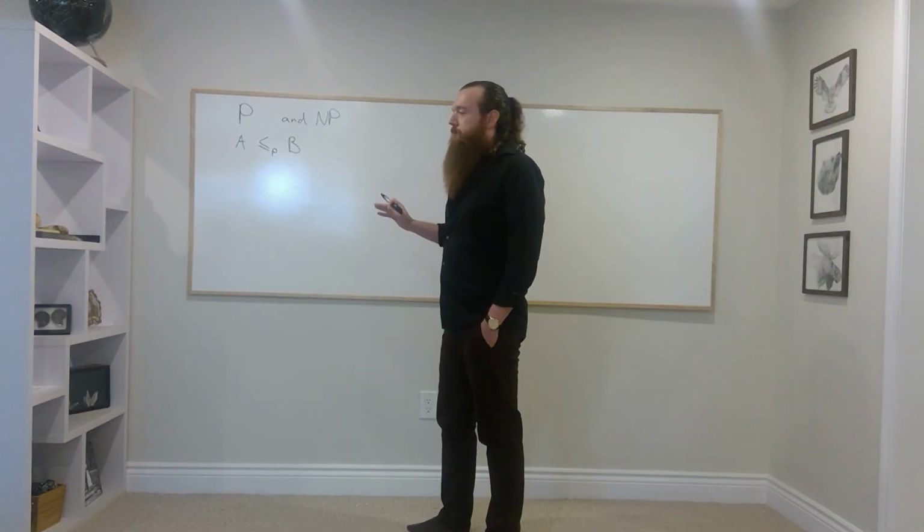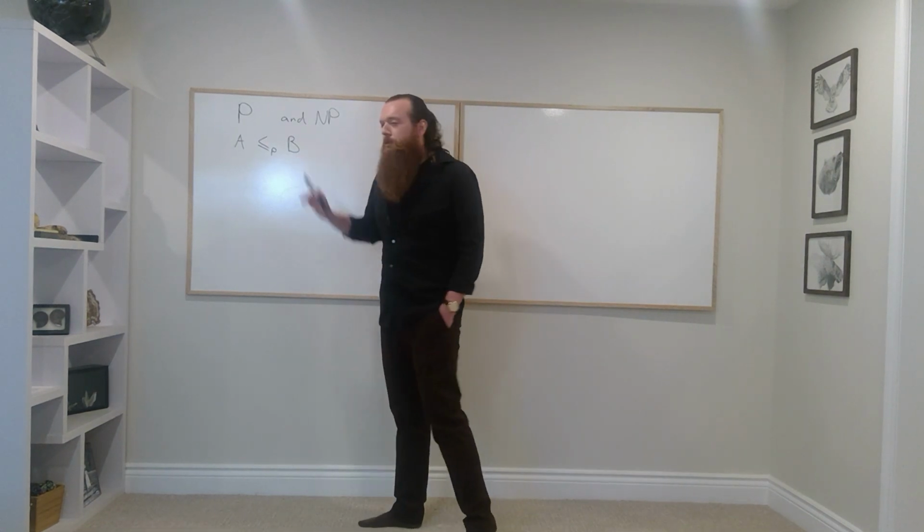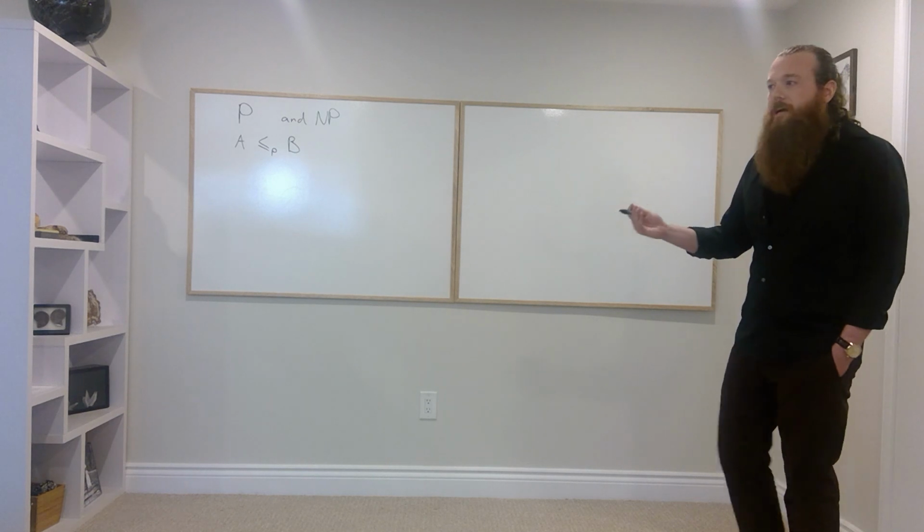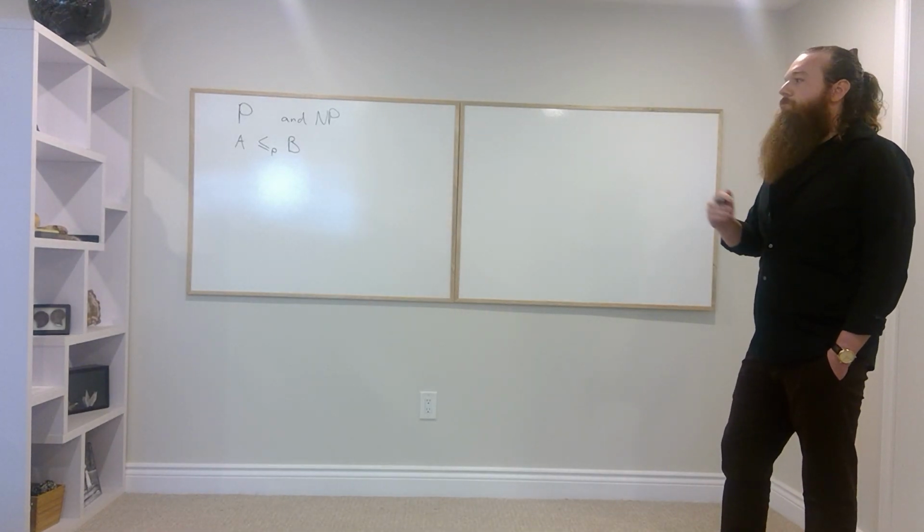The way that we're going to think about it is if you have a black box that solves problem B, and we assume that you can call that black box on instances of problem B and it runs in constant time.